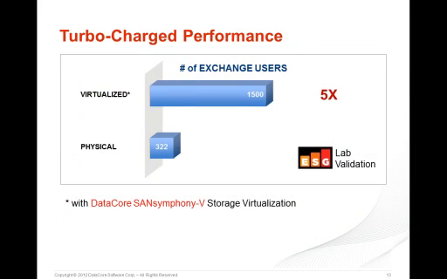So I've talked about how we use the RAM on the DataCore servers to give performance. Well, what would we expect in terms of a performance improvement? ESG have done lab validation, an independent validation of the performance improvements that you get with SANsymphony-V, and they saw a 5 times performance improvement on Exchange.